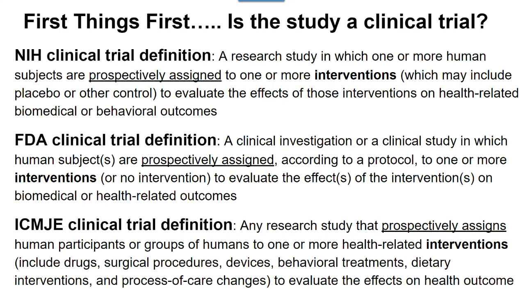So say your trial is an NIH-funded trial, then you need to go by their clinical trial definition and follow their policy. And then say your trial is not NIH-funded and does not involve any FDA-regulated products, but the PI plans to publish the study results in a journal, then you need to go by this ICMJE definition. And if it fits the definition, you need to register.